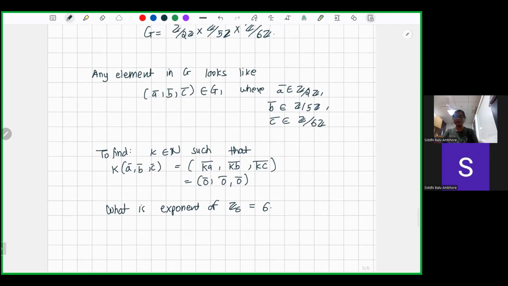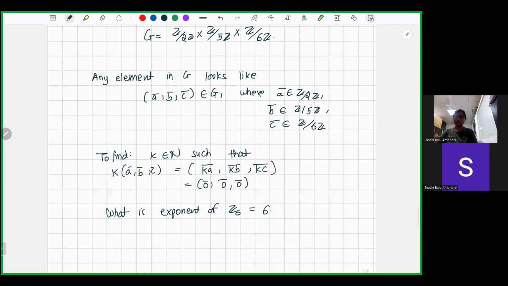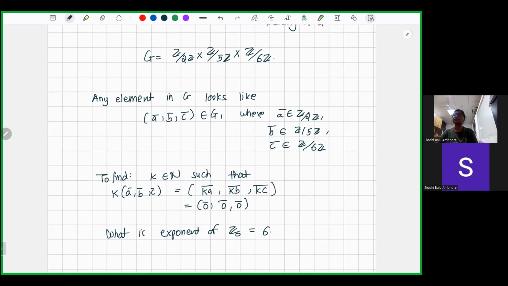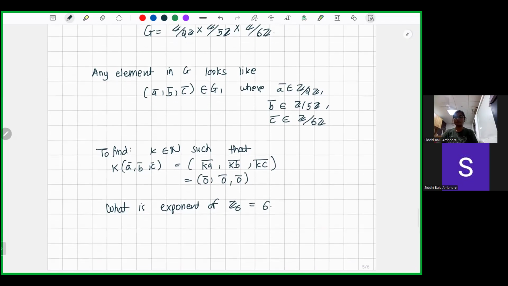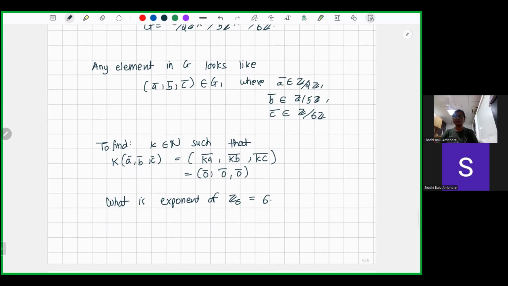If I want the third coordinate to be 0, I need K c bar to be 0, so K must be 6 or any multiple of 6. The moment I have 6, any multiple still gives 0.